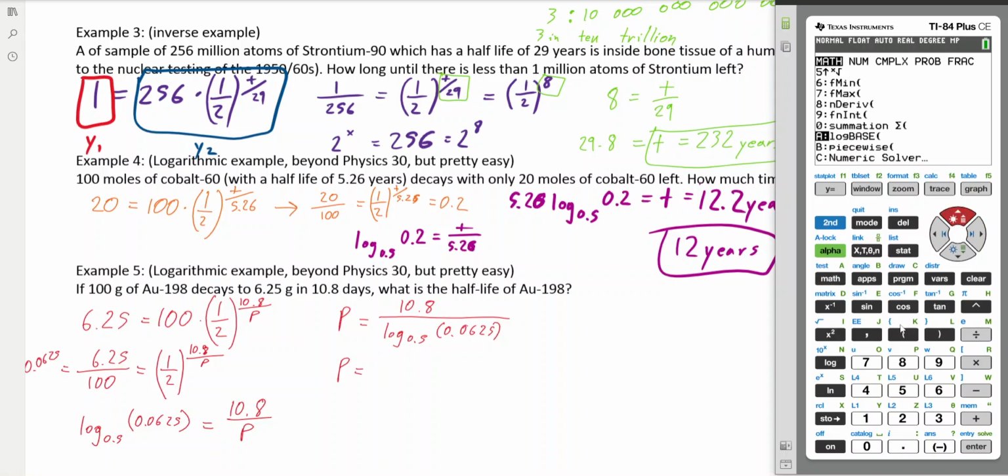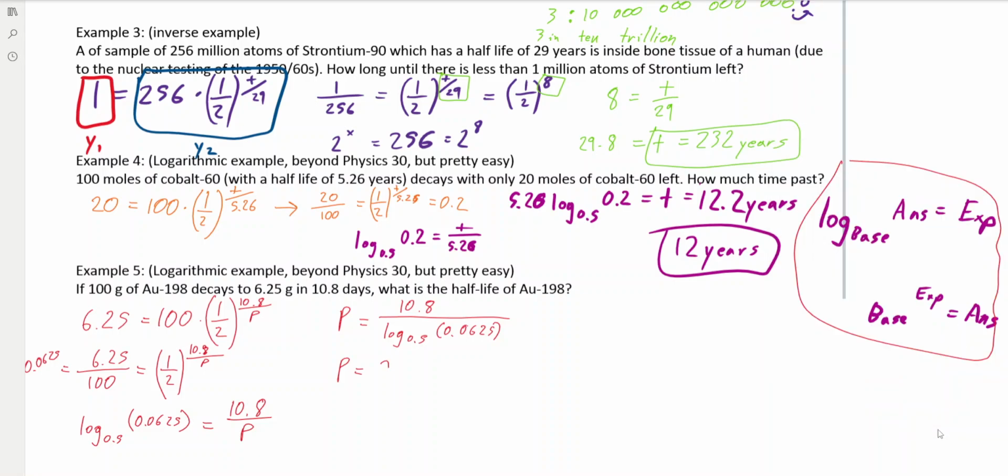So I press this math button to the log base. The base was 0.5 or 1/2, 0.0625. And so we get 2.7 days. So that is the half-life of gold 198.